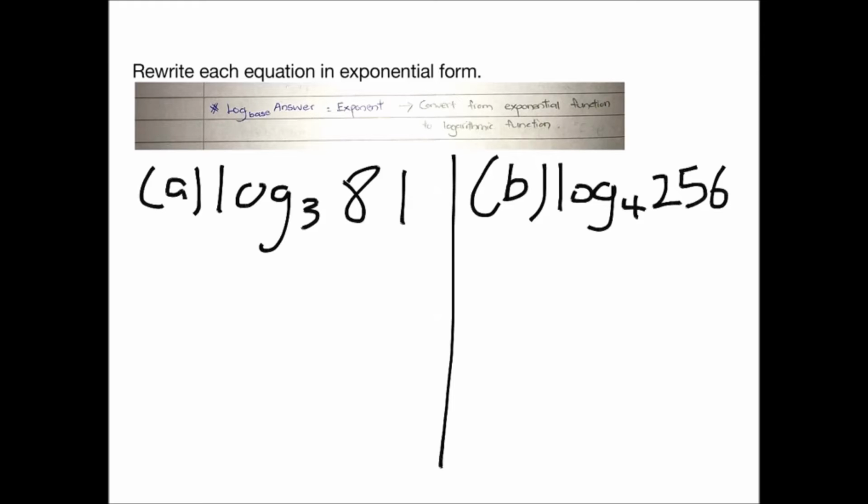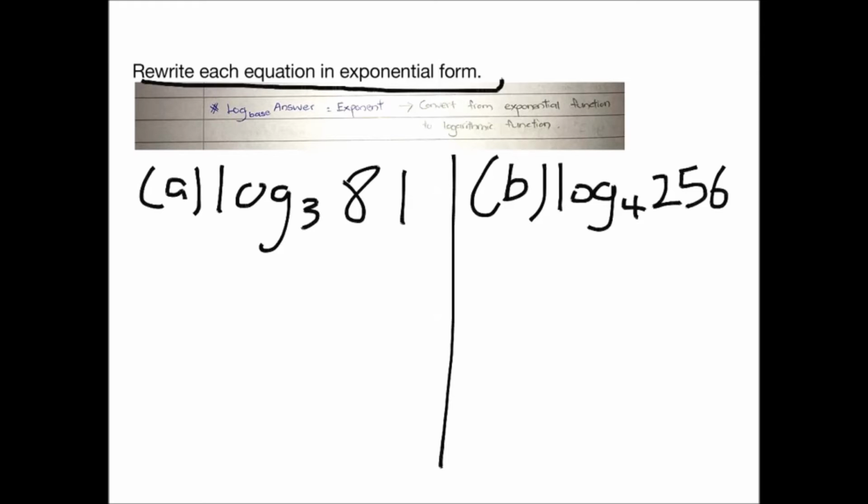Okay, so now we have to rewrite each equation in exponential form. Just now we wrote the equation in log form, but now I give two examples going from log form to exponential form.